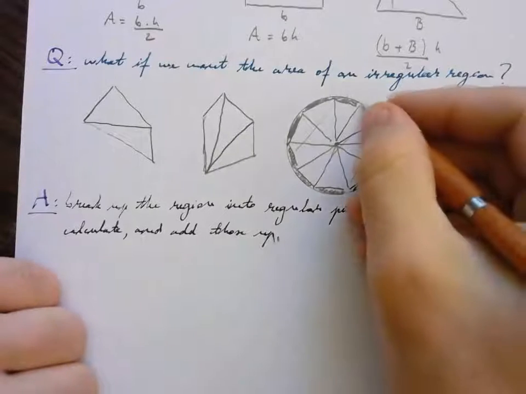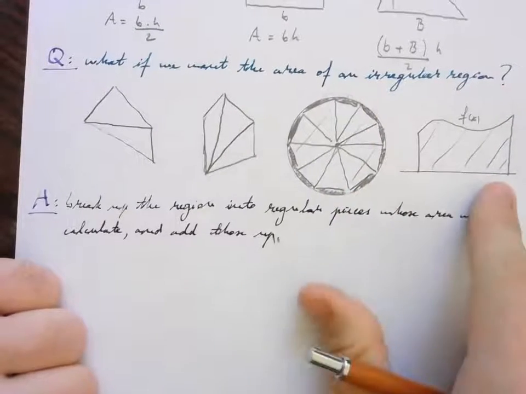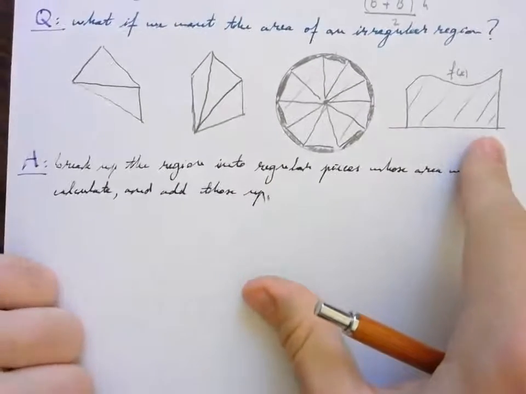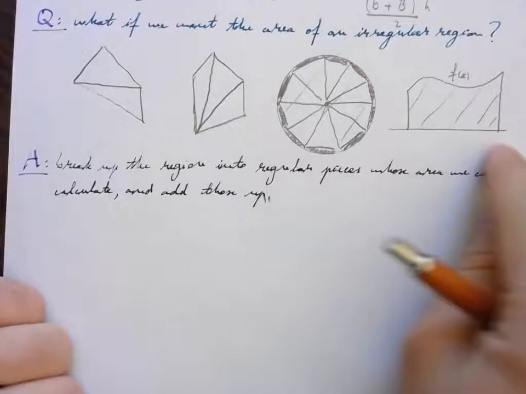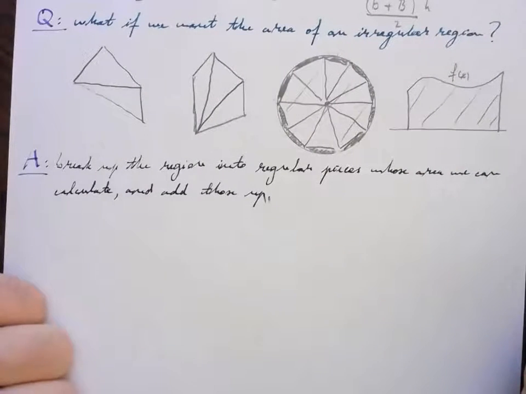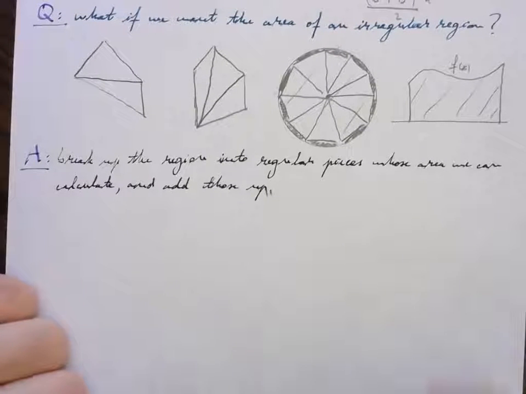And for the topic of calculus, what we do with a region that is defined by some function and then the axes here, or as we'll see later on next week, by two functions and the region between them, is the following.